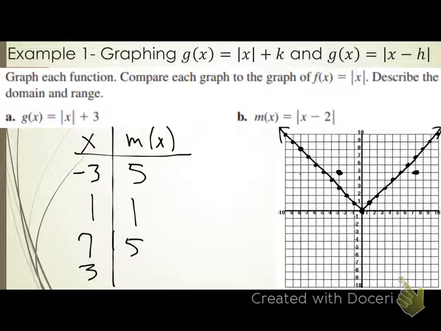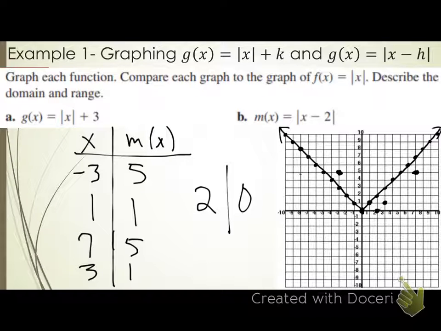What's 3 minus 2? 1. What's the absolute value of 1? 3, 1. So give me another value. 2. 2 minus 2 is? Absolute value of 0? 2, 0.